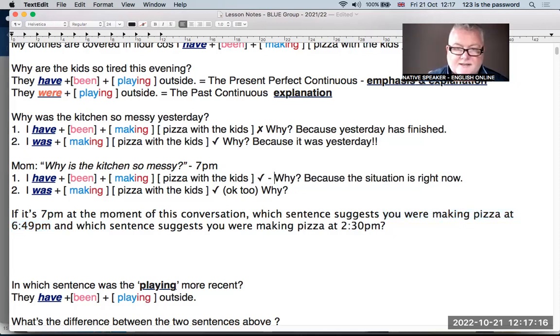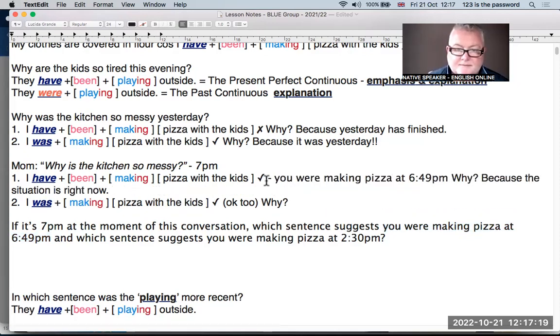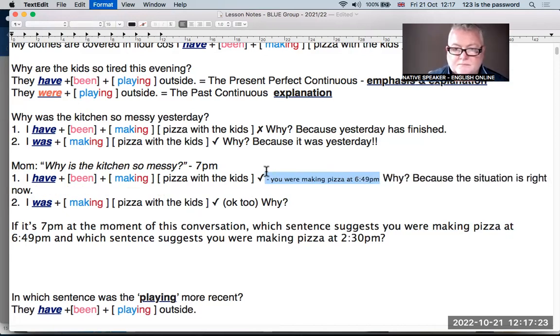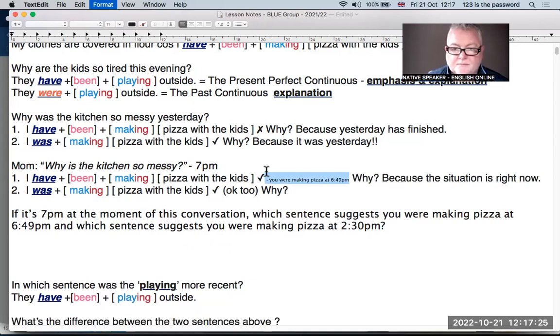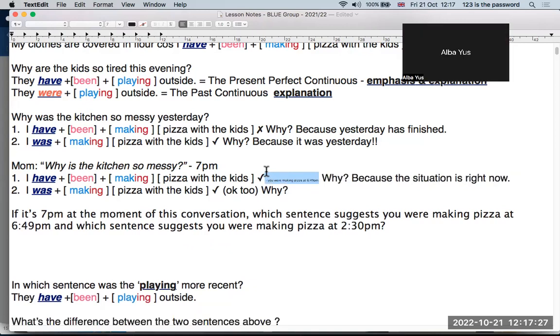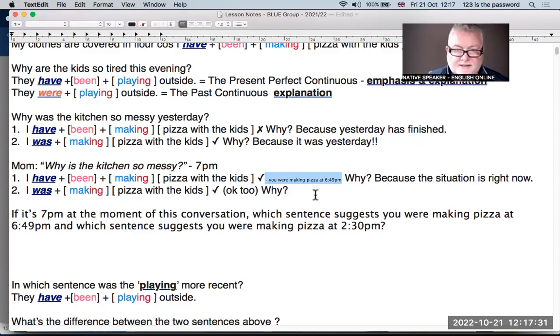This one suggests you are making pizza at 6:49. Okay. This one suggests you are making pizza at 2:30 p.m. Because this is maybe further in the past.